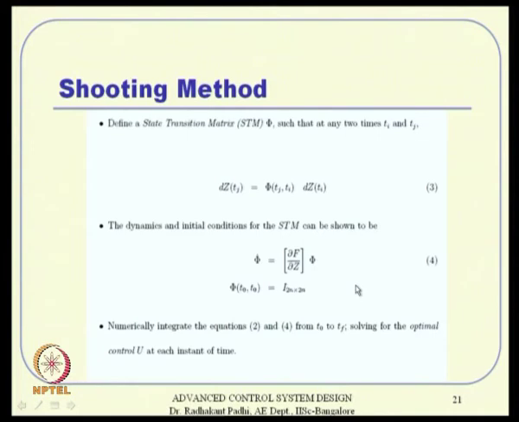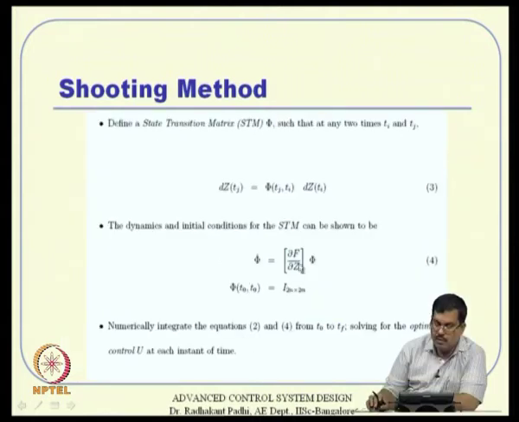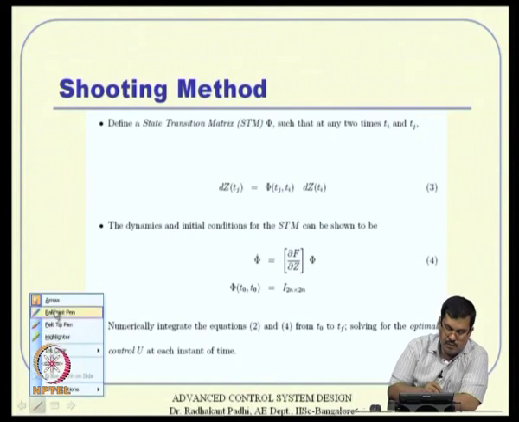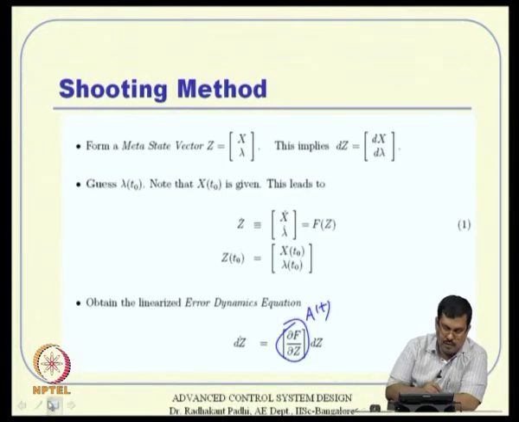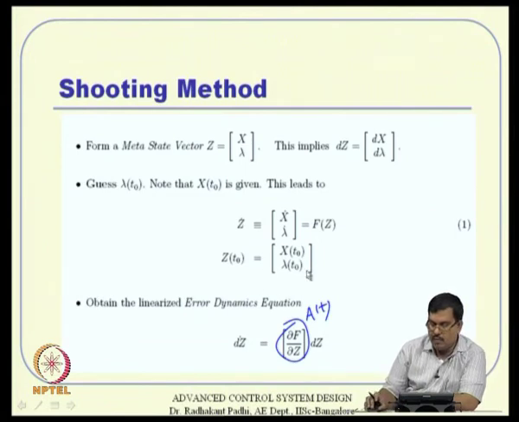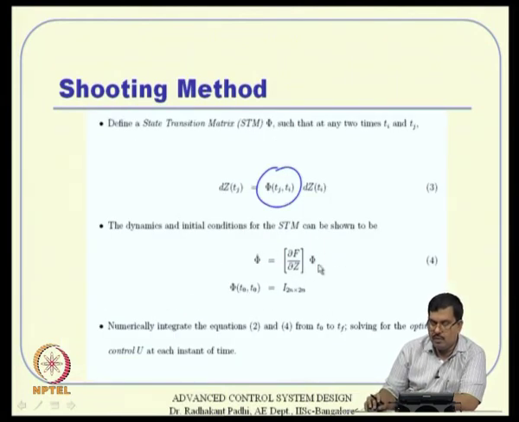So, to solve that we need this concept of the state transition matrix. The state transition matrix for dz is given something like this. This state transition matrix satisfies the same differential equation, in a matrix sense. So, the state transition matrix equation is phi dot equal to del f by del z into phi.